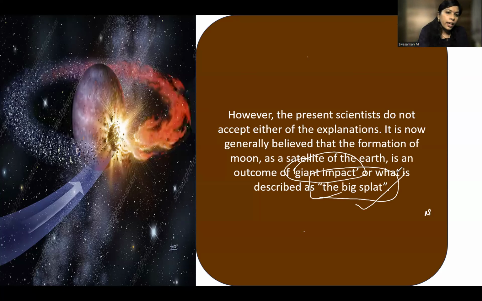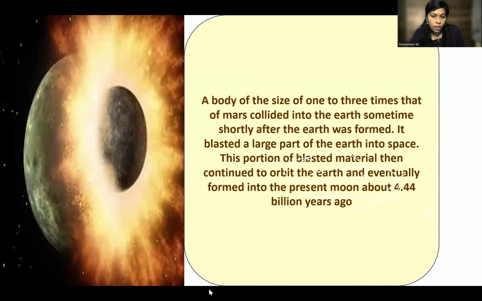You can see that Earth is here. There's a huge impact on the Earth. I'll explain this theory. See what happened. A body of size 1 to 3 times that of Mars, imagine Mars, the other planet, collided into the Earth, shortly after the Earth was formed.